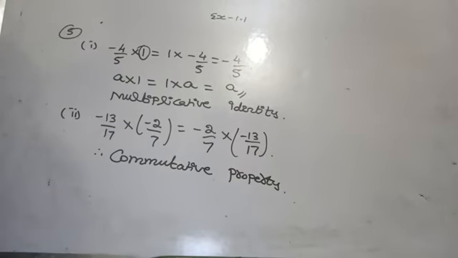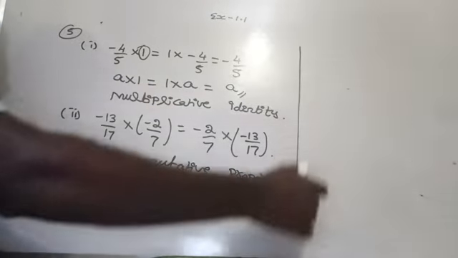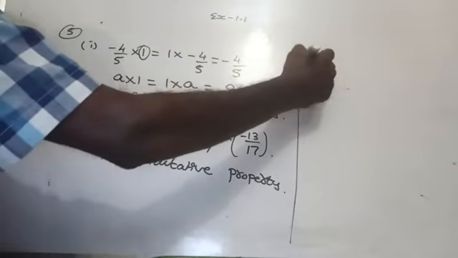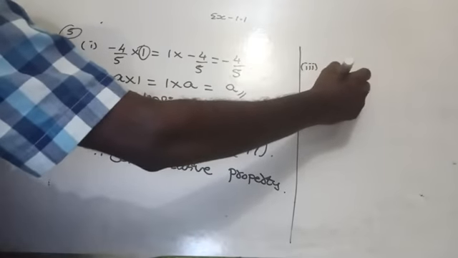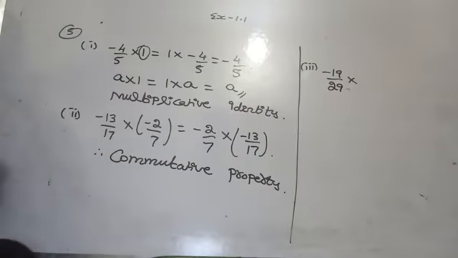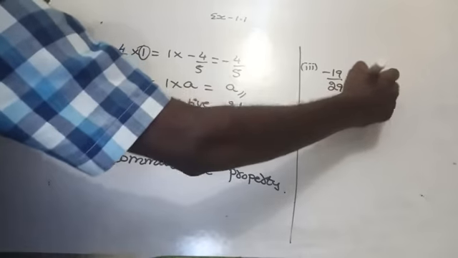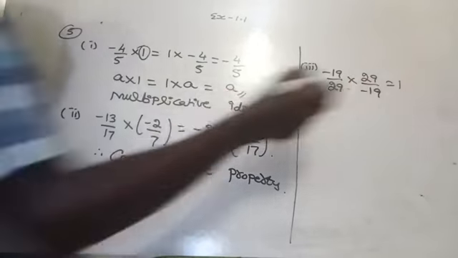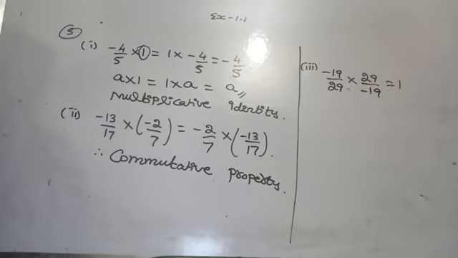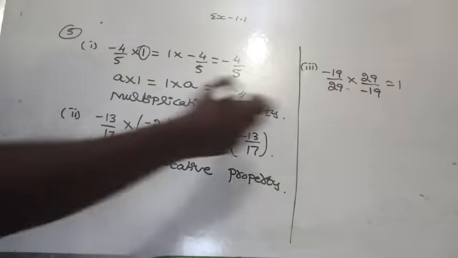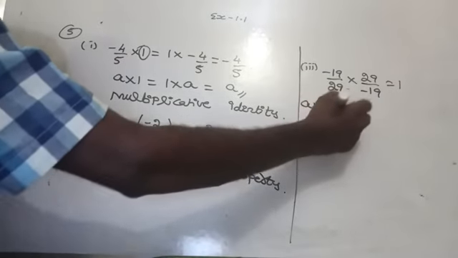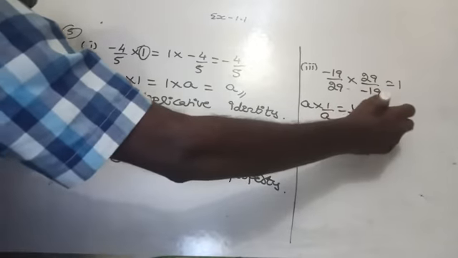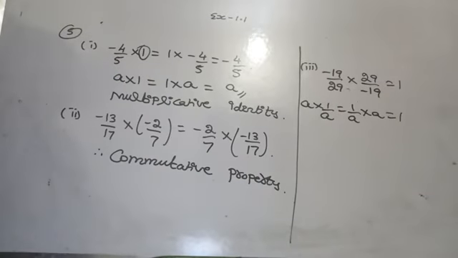Now, come to the third part. It is given minus 19 by 29 into 29 by minus 19, which is equal to 1. It is called A into 1 by A equal to 1 by A into A, which is equal to 1.